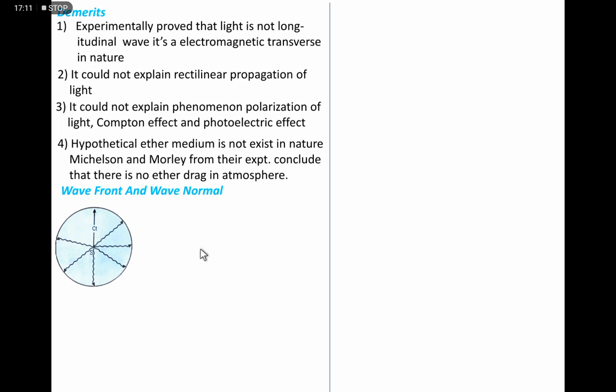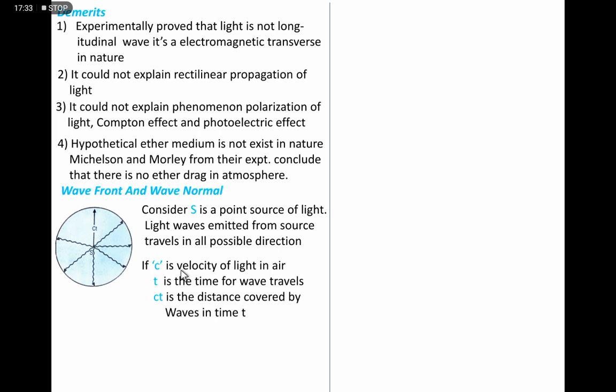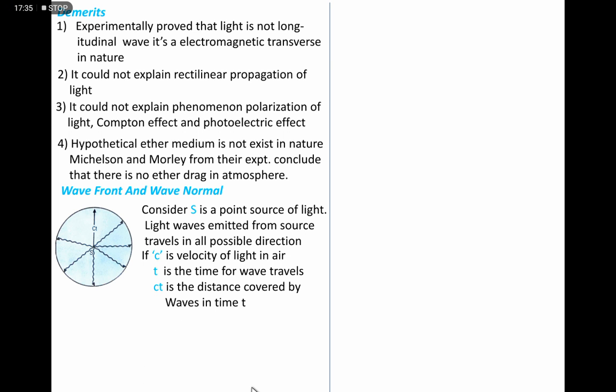Now, S is the source of the light, and we know that light waves are emitted in all possible directions. C is the velocity of light, and for time t the light waves travel.